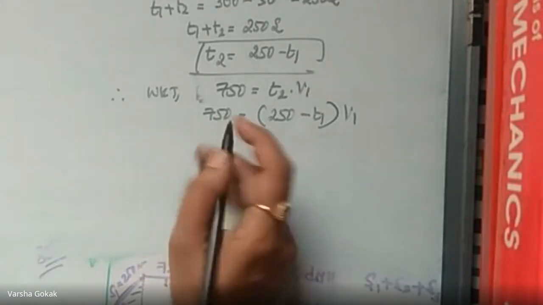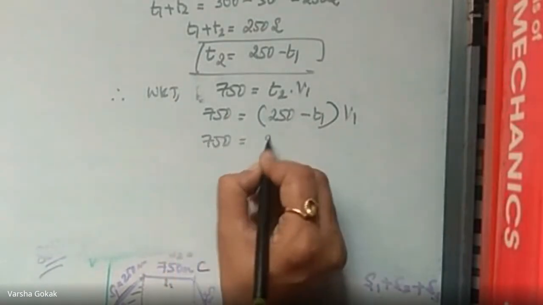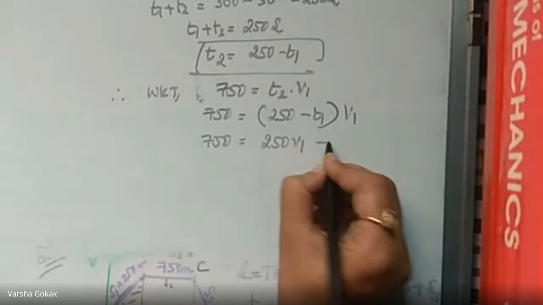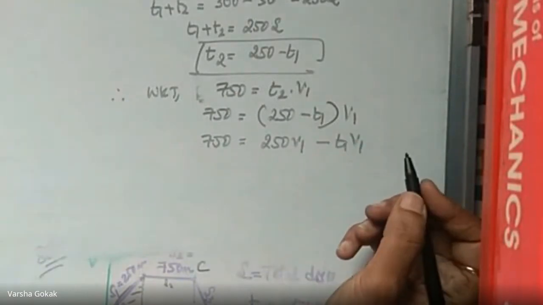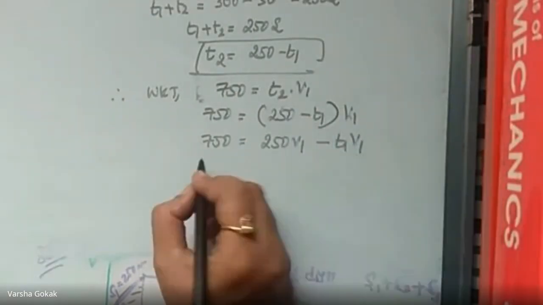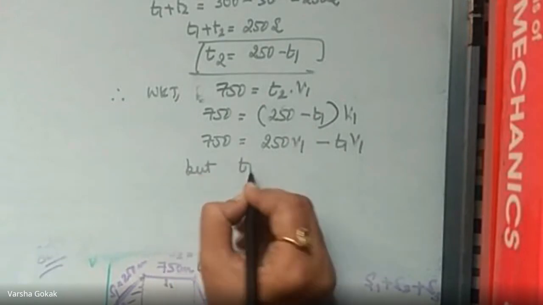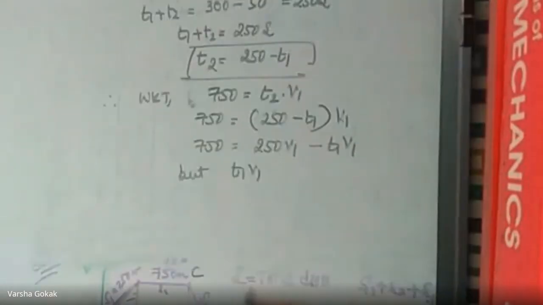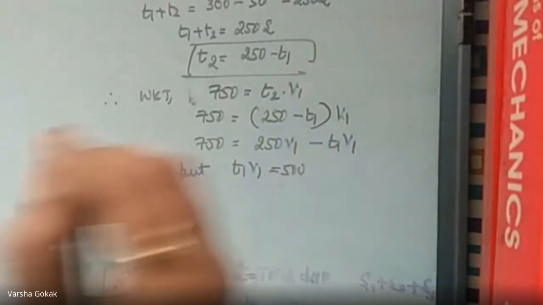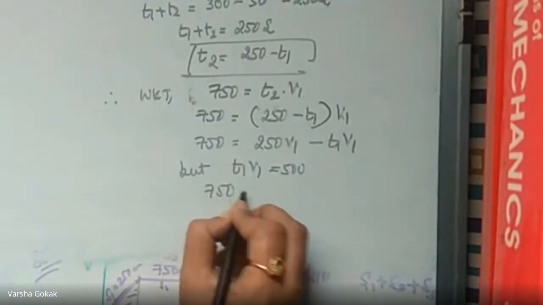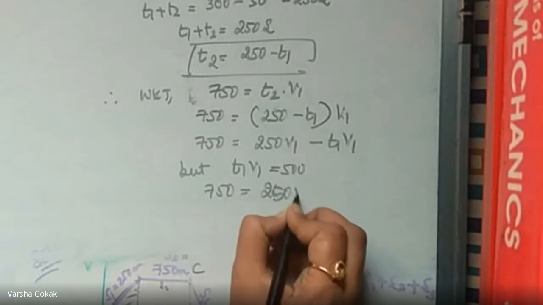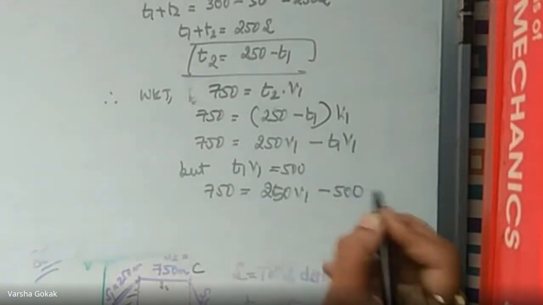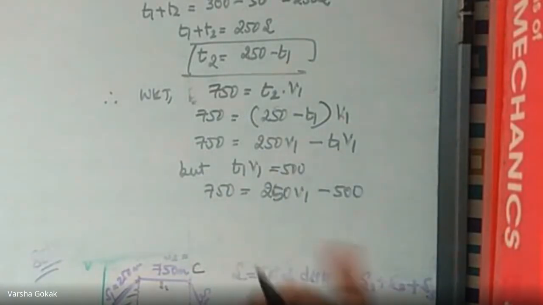Open the brackets. 750 equal to 250 V1 minus T1 V1. But I know the value of T1 V1: it is 500. So 750 equal to 250 times V1 minus 500, because T1 V1 is 500 from the first set.